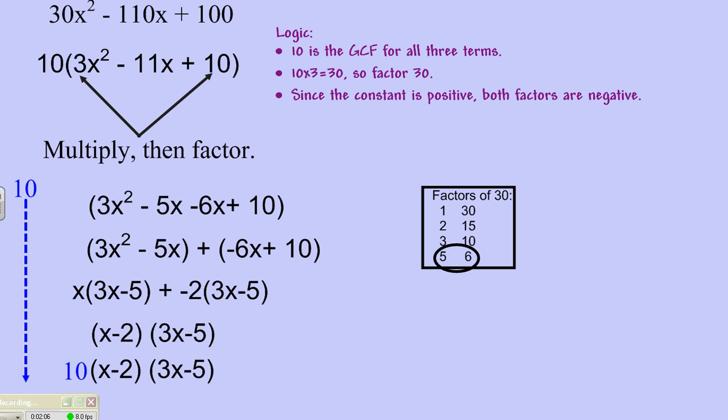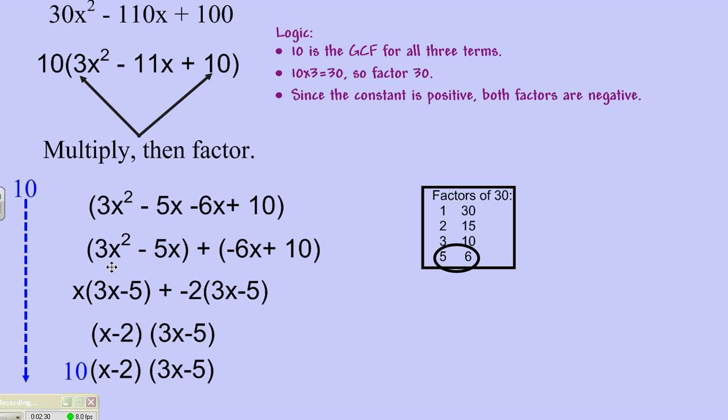Then we exchange the 11 x's with 5 x's and 6 x's. We're going to hold on to that 10 until later. We're just going to work with these three terms, replacing the 11x with 5 and 6. They're both negative since the product has to be a positive 30.